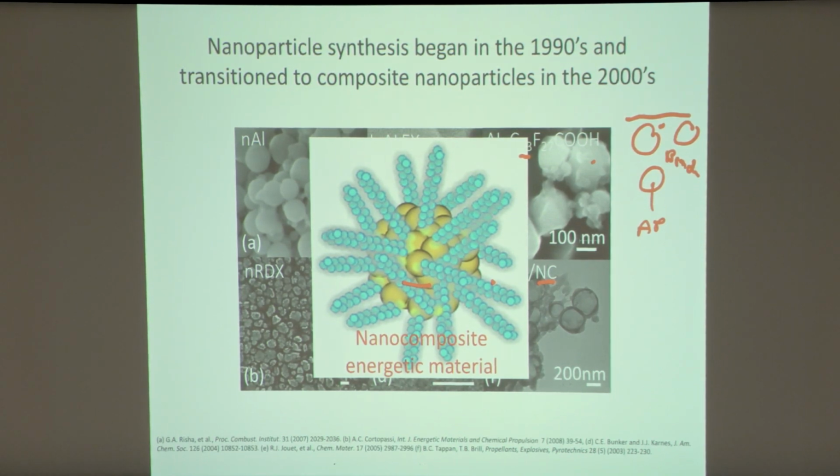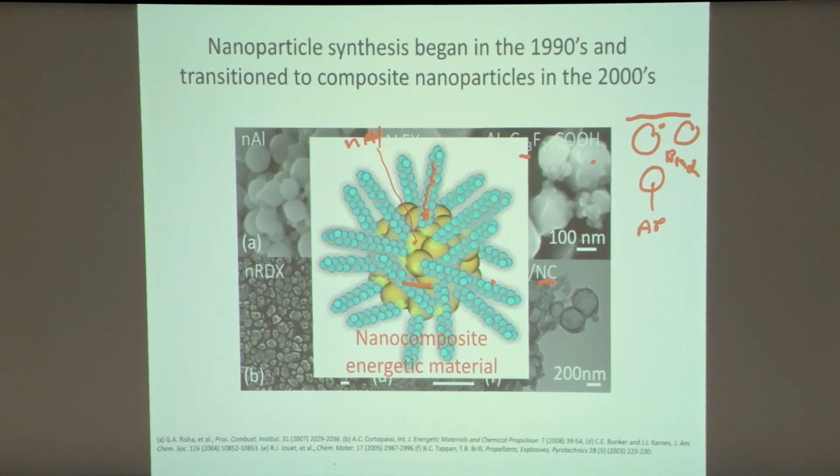So take a look at this cartoon here. In the center would be my nanoaluminum or smaller particle. And then what I do is I passivate it with ligands that have basically a CH structure, as shown here.